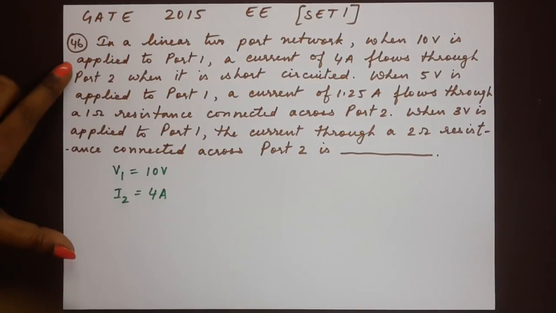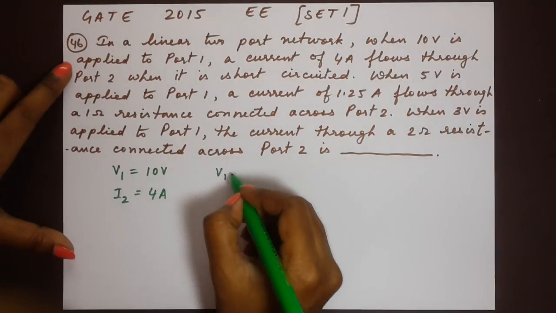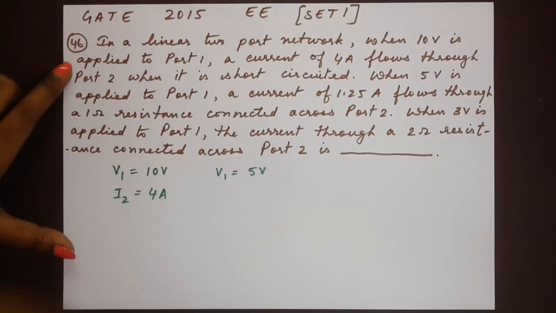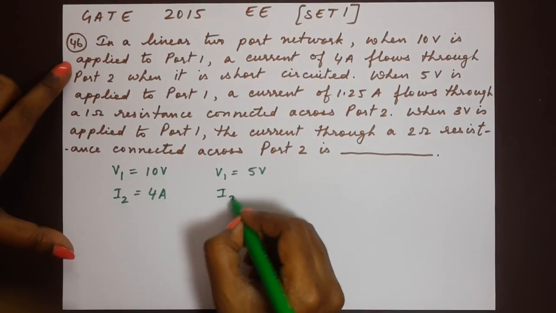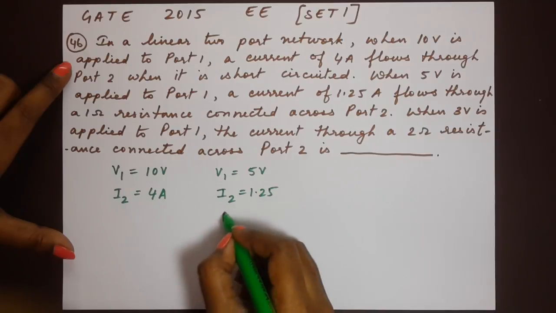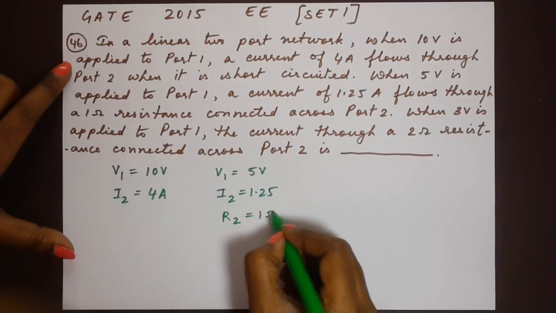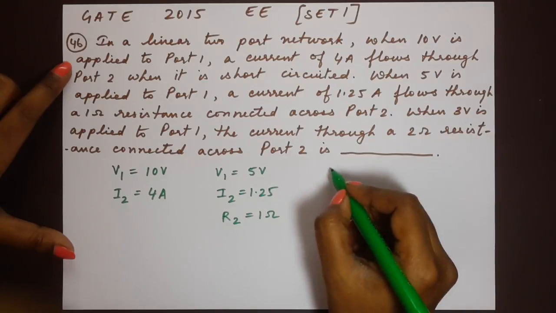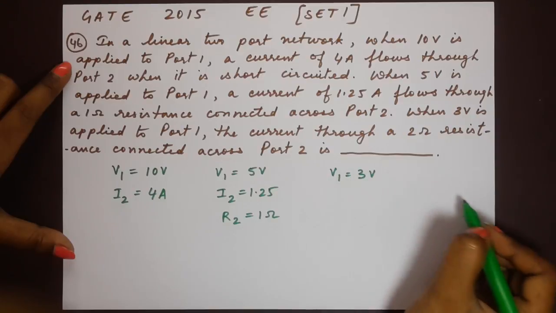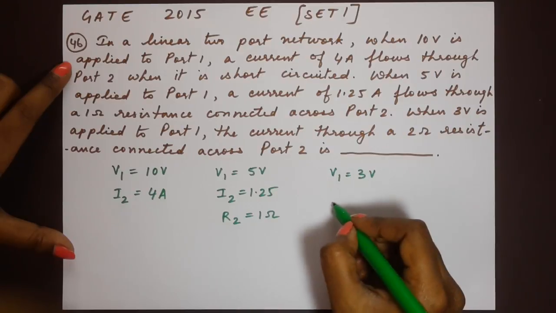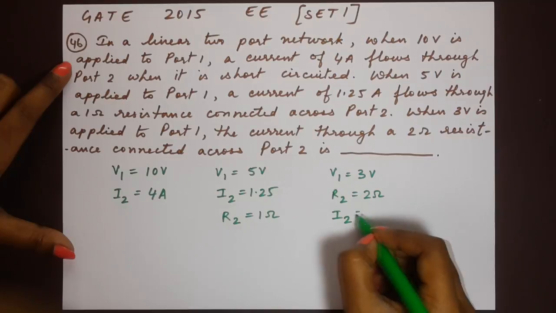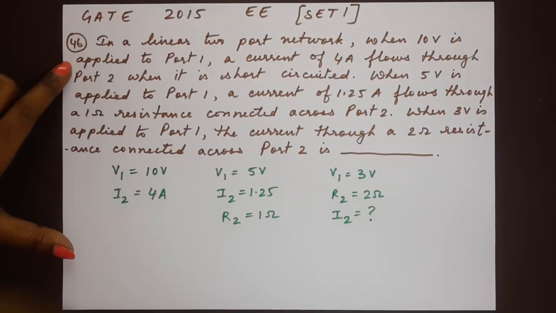The second case says that when V1 is 5 volts, a current of 1.25 amps flows through a 1 ohm resistance connected across port 2, which means I2 is 1.25 and resistance across port 2 is 1 ohm. Third case says that when 3 volts is applied to port 1, so V1 is 3 volts now, the current through a 2 ohm resistance, R2 is 2 ohms, and we are supposed to find out what is I2. This is what's given to us.